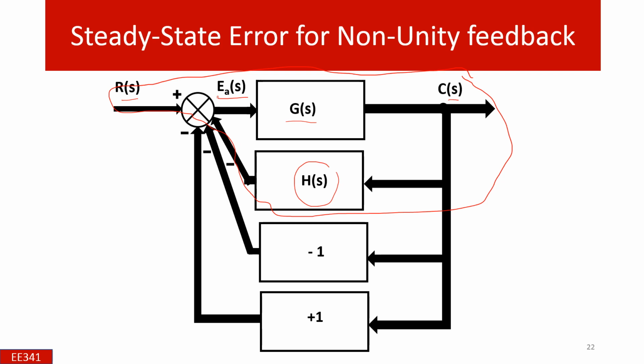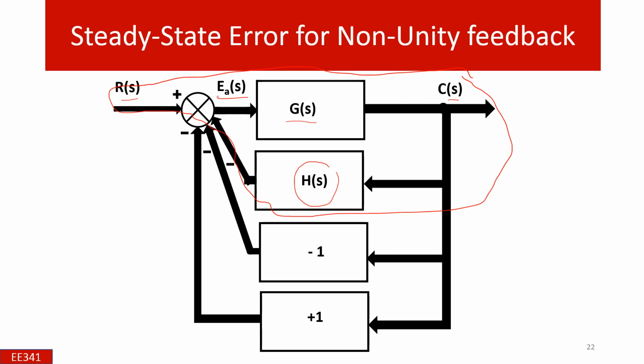So if we want to convert a non-unity to a unity feedback system, it is our task to find the unity feedback system from the non-unity feedback system. So this case is very simple.